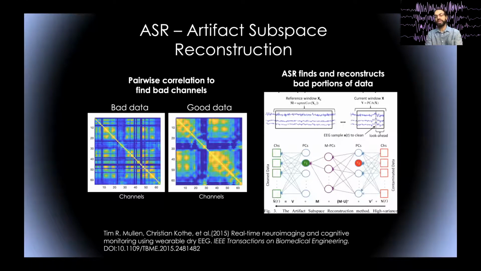This is a complex algorithm based on projecting the data on principal components and trying to see if there are outliers on these principal components. If there are outliers, it usually tries to correct for them by reconstructing the data. In this case, we'll just reject the bad portion of data because we don't need to keep the data corrected.